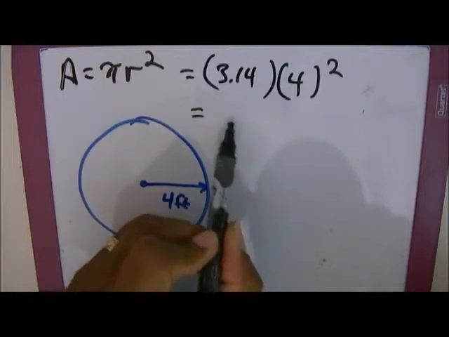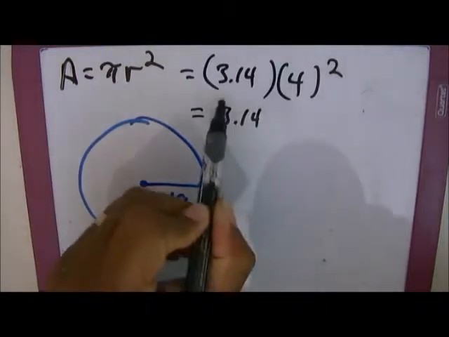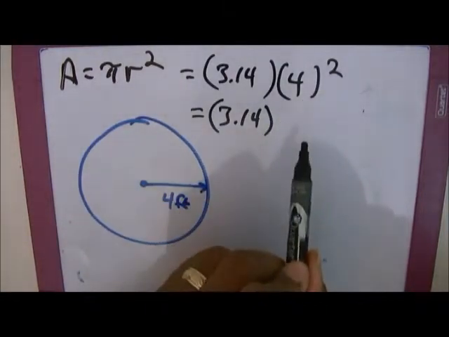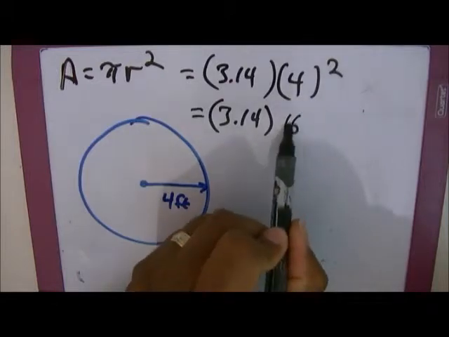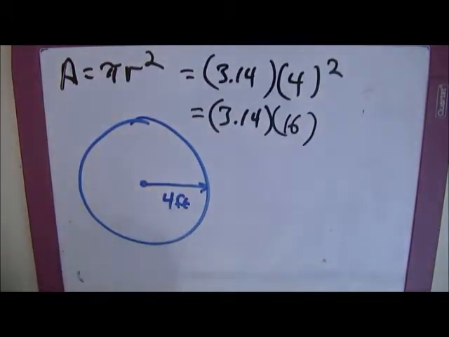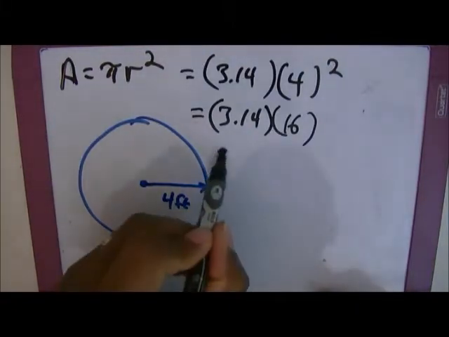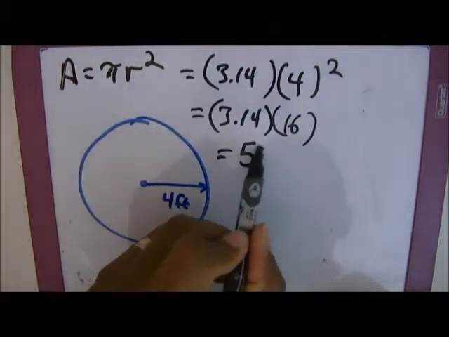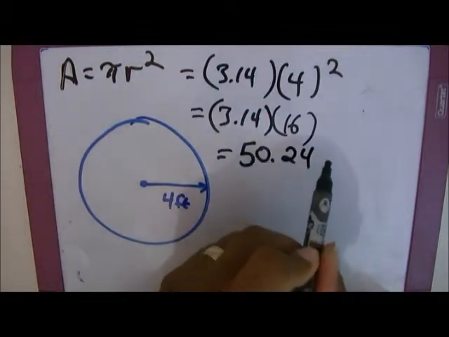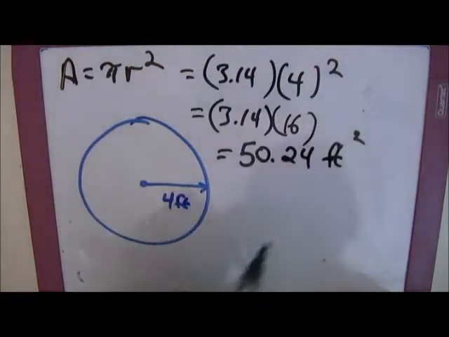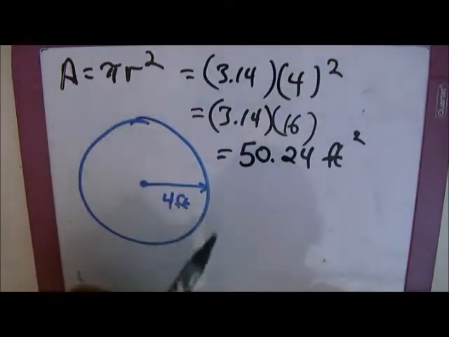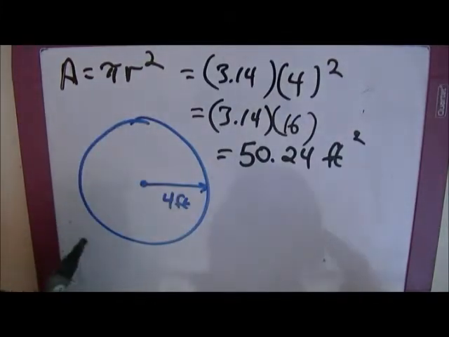Continuing to multiply that out, 3.14, that's your pi, times 4 squared is 16. And then punch that in the calculator, 3.14 times 16. Our area is equal to 50.24 feet squared.